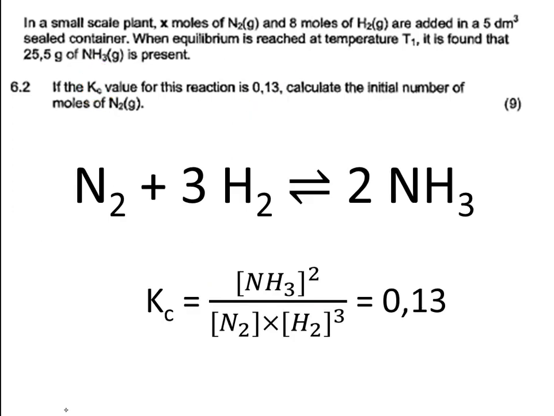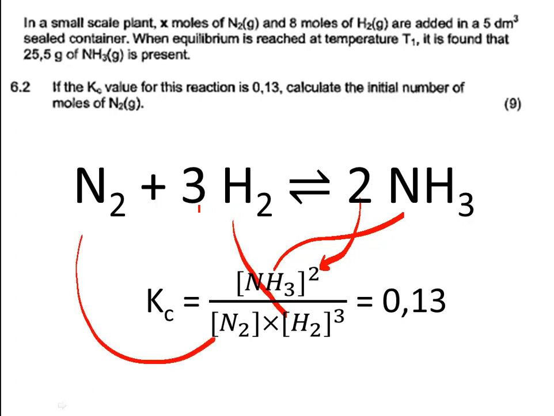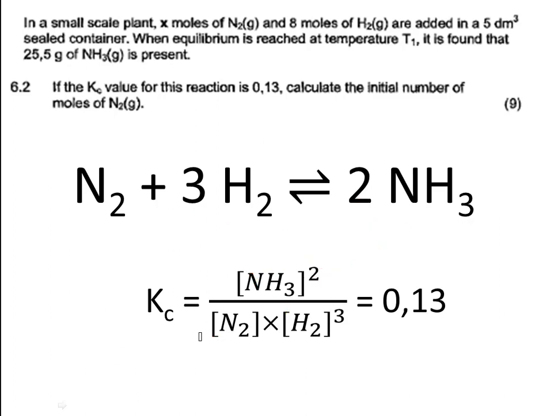And we know that Kc means, in this case, the concentration of ammonia raised to its coefficient, in other words squared, divided by the concentration of nitrogen multiplied by the concentration of hydrogen raised to its coefficient 3. So we have the information needed to find out the concentration of ammonia. We don't have it yet, but we have the information needed. And we have the information needed to find out the concentration of hydrogen.